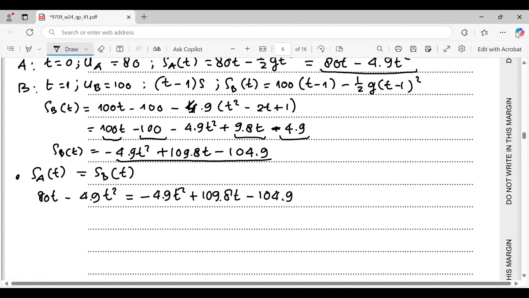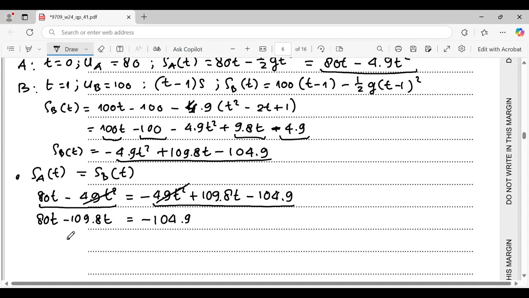This expression is from the equation of A at t, and this expression is from the equation of B at t. So it becomes 80t minus 109.8t equals minus 104.9.